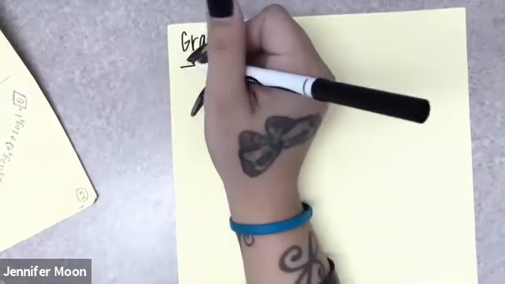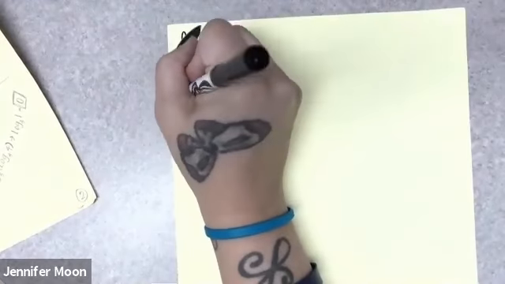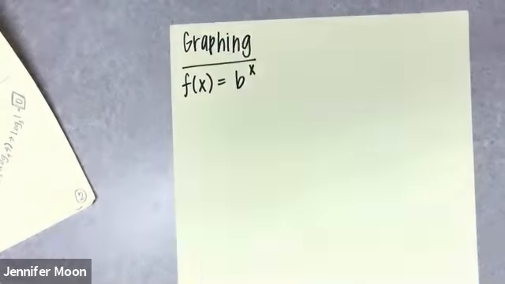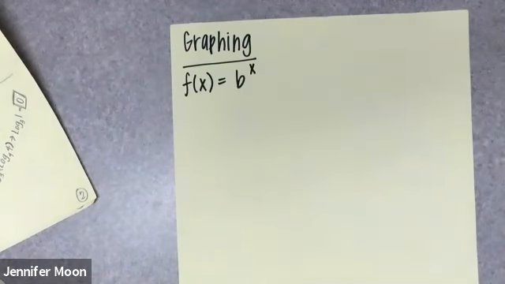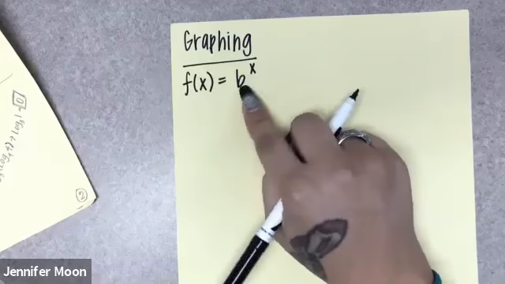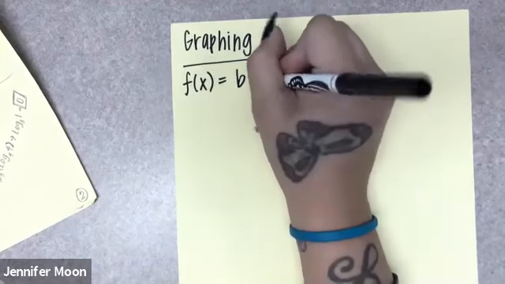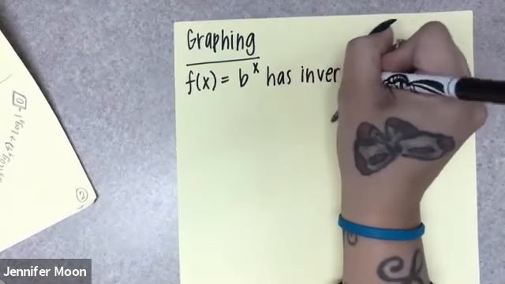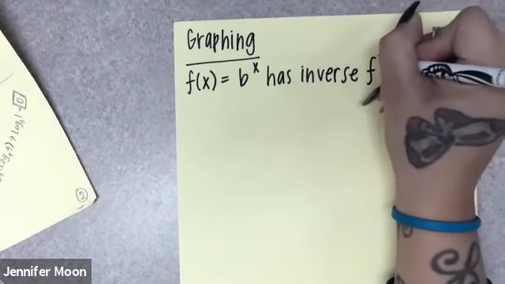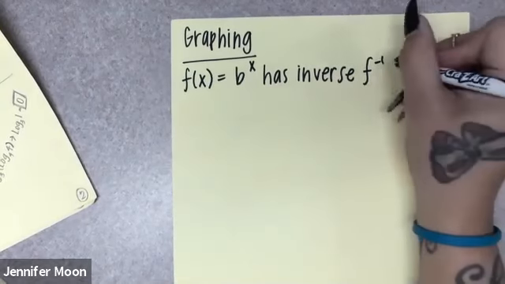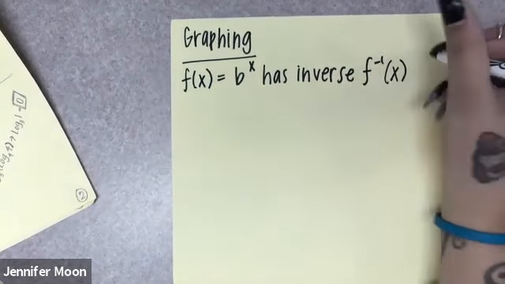Okay, so when you're graphing, our f of x is an exponential function, right? So f of x equals b raised to the x power, has inverse. This is the same notation we learned before: f to the negative 1 of x, that's the inverse.